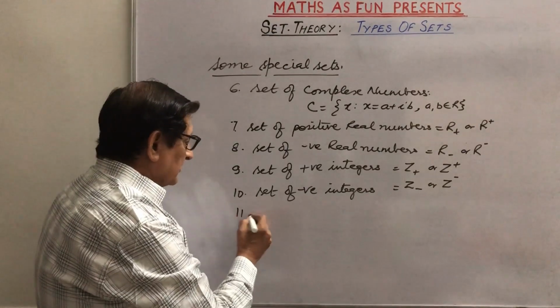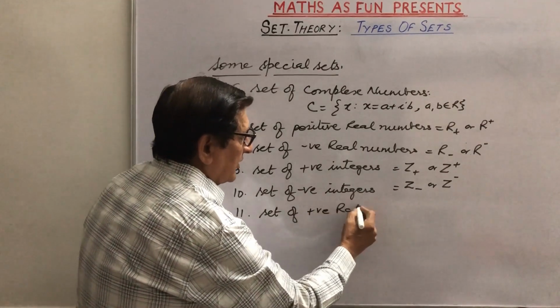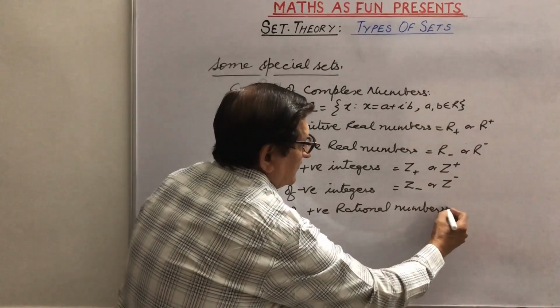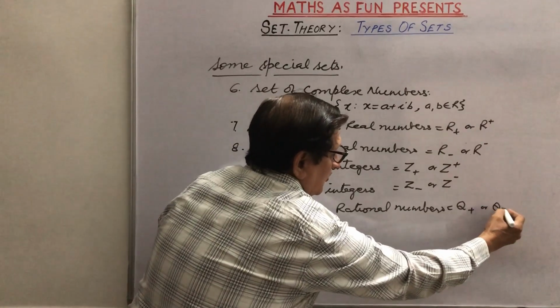And then we have the set of positive rational numbers that can be represented as Q plus.